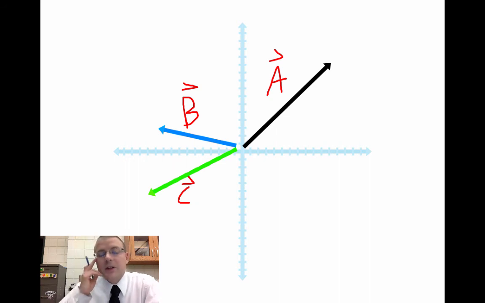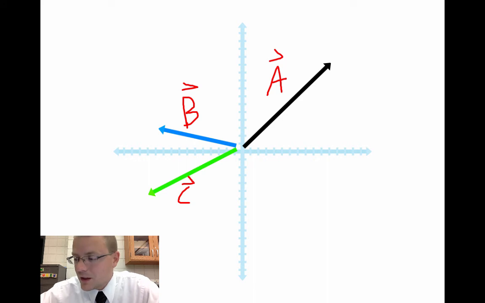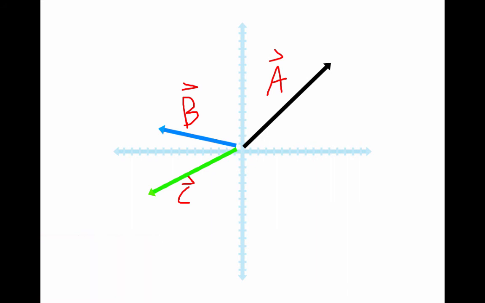We have three vectors here, vector A plus vector B plus vector C. What we can do is we can move the vectors around to find a resultant. So that means that I can redraw these vectors and put them wherever I want. I do not have to keep them in the locations that they're at. Just like you did in the treasure hunt, you want to add vectors tail to tip to find your resultant here. So if I wanted to do an example of, let's say, A plus B.